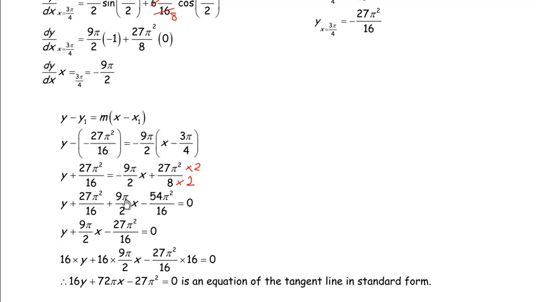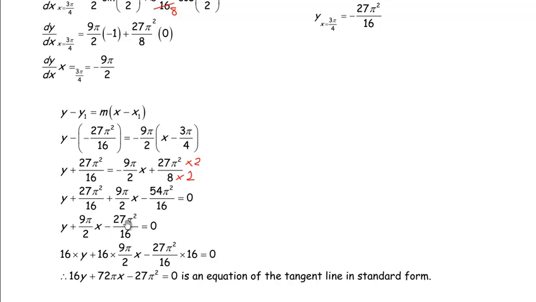And then, so I have my y here, and then the 9 pi over 2 x term, and then 27 pi squared over 16 minus 54 pi squared over 16 will be negative 27 pi squared over 16. And if we want to put it in standard form, since the least common denominator of 2 and 16 is 16, I'm going to multiply everything by 16.